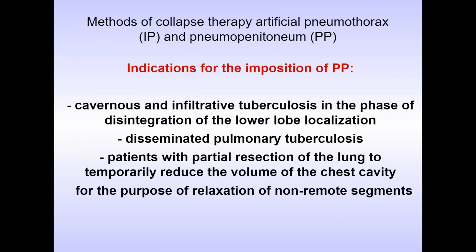Indication for the imposition of pneumoperitoneum: cavernous and infiltrative tuberculosis in the phase of disintegration with lower lobe localization; disseminated pulmonary tuberculosis; a patient with partial resection of the lungs, to temporarily reduce the volume of the chest cavity for the purpose of relaxation of the remaining segment.